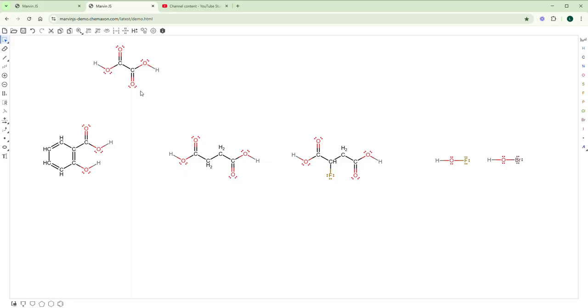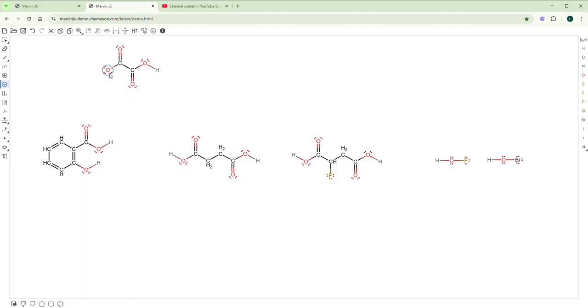Something like what we did in lab, this is called oxalic acid. There are two hydrogens on this molecule. And it could donate two of them, but not all at once. Whenever a hydrogen is donated, it's going to leave a negative charge.